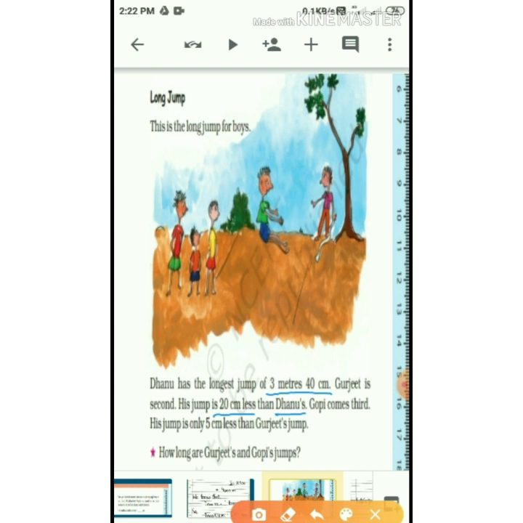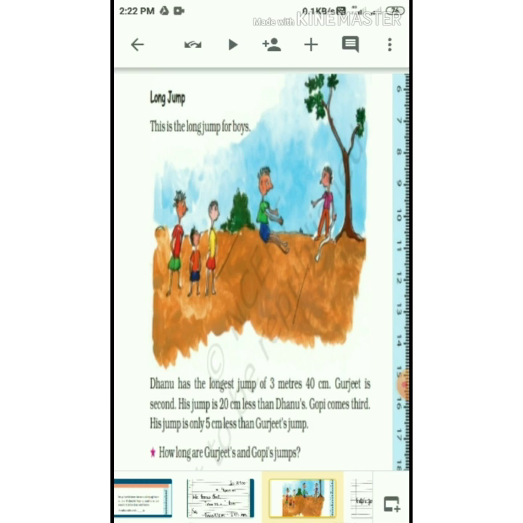And Gopi comes third, and his jump is only 5 centimeter less than Gurjeet's jump. So again we will subtract 5 centimeter from Gurjeet's jump. We have to find out how long Gurjeet's and Gopi's jumps are.